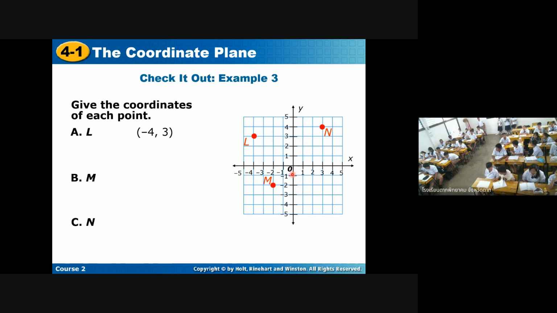How about point M? Point M, yes, miss? Stand up. Okay, correct. That is negative 2 comma negative 2. And point N, the last point.